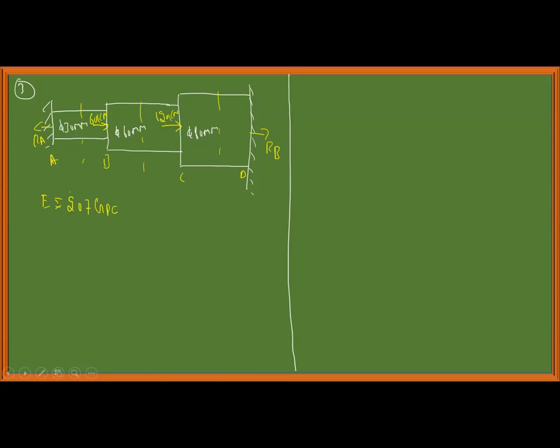Okay, as usual, same. This is the last problem I'm doing of this type. As usual, go ahead. RA like this. P of AB, summation of forces equal to 0. P of AB is equal to RA. Next, I'll take the second section.